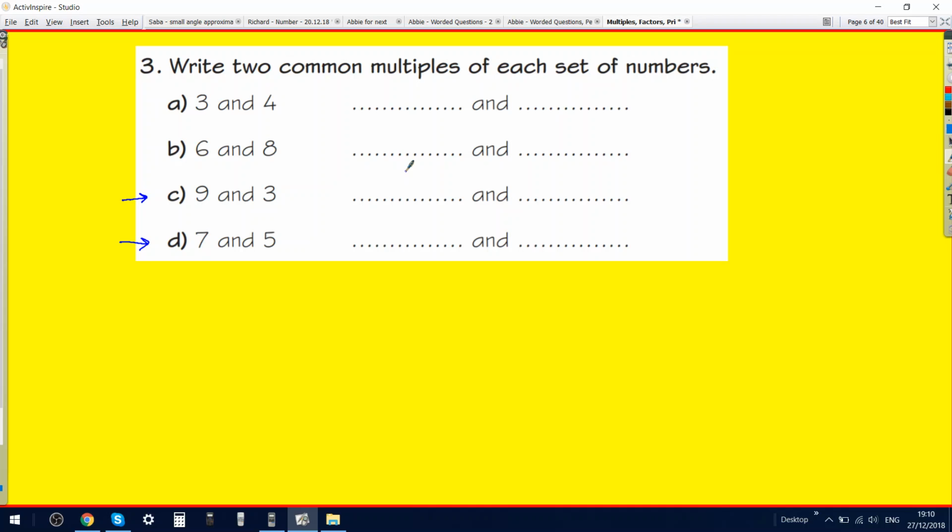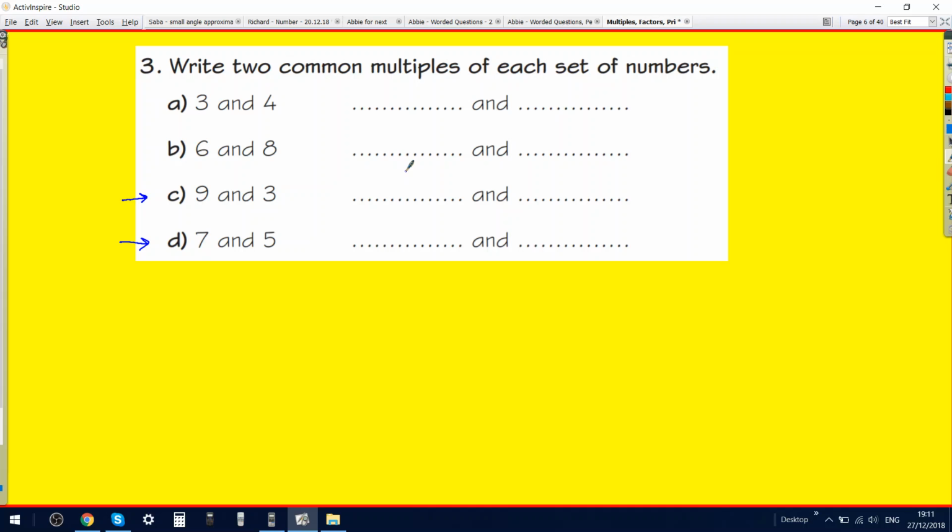So can you think of one common multiple? Well, they're both in the 3 times table. So 9 isn't. Wait, 3. Sorry. Okay.